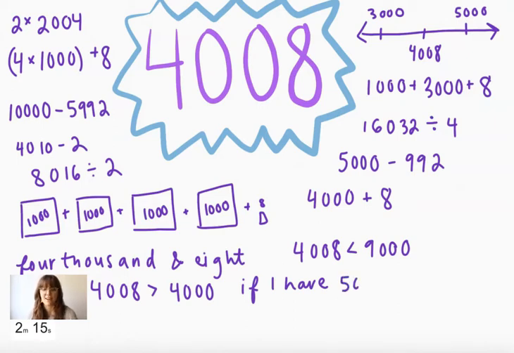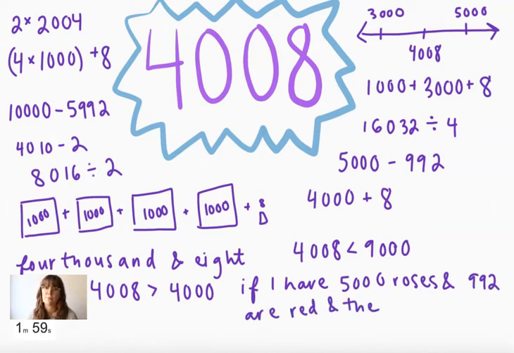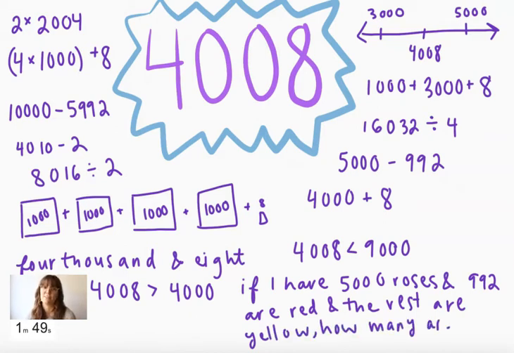We could say that if we have 5,000 roses, and of those roses, 992 are red, if the rest are yellow, how many roses will be yellow? And of course, we could solve this, and we realize that we will have 4008 yellow roses.